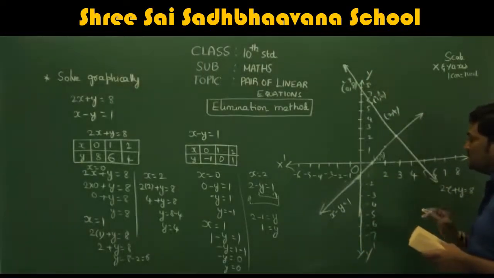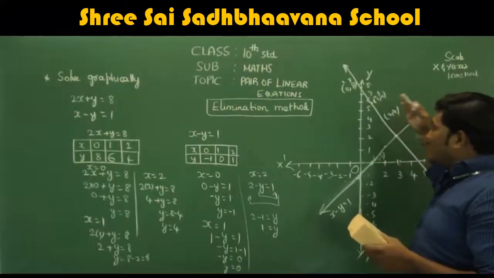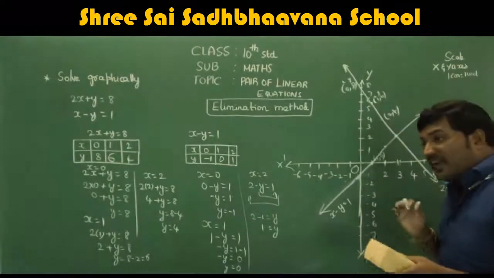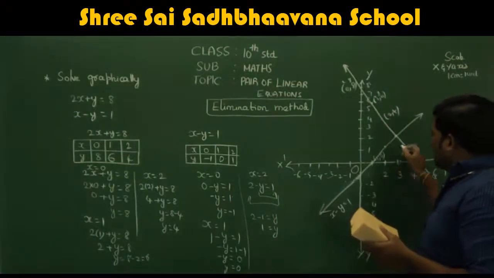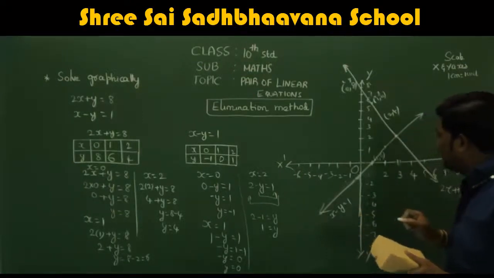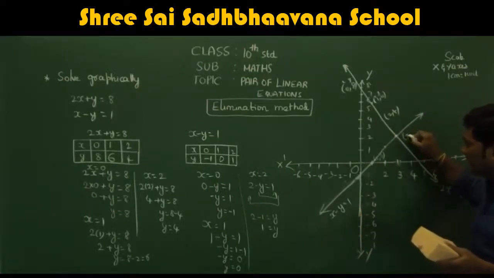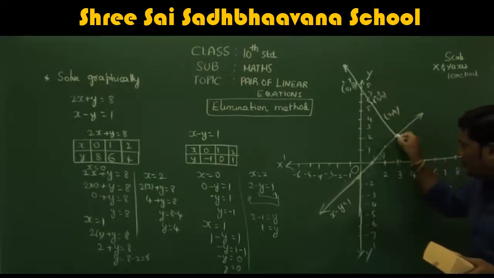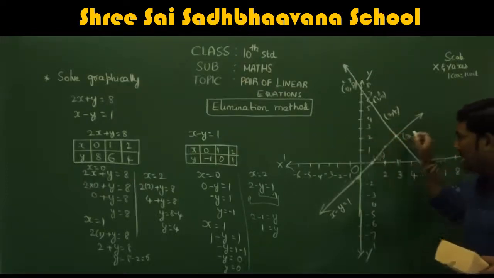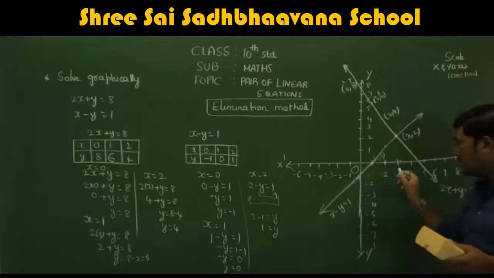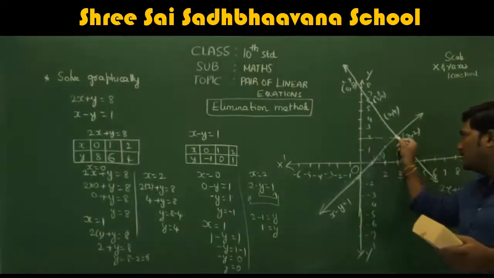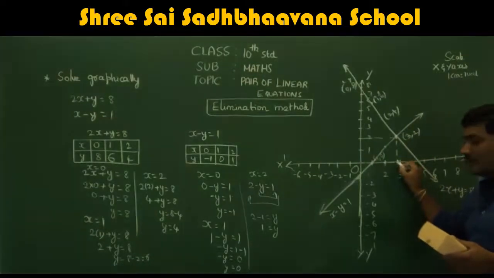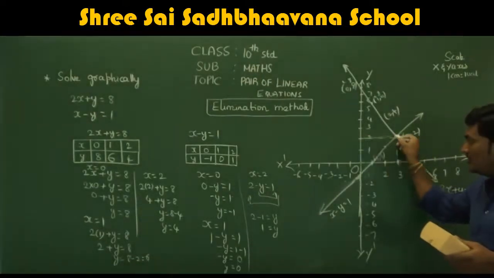One thing you understand: these two lines, where are they intersecting? In the graph, you can clearly come to know where they are intersecting. If you observe here, this is the point of intersection of both the lines. See, 3 and 2. From the x-axis it is 3, the y-axis it is 2, so it is 3 comma 2. On the x-axis, exactly if you draw one perpendicular line, it comes like this. So from the x-axis, the x-coordinate is 3, and the y-coordinate is where both these lines are intersecting.